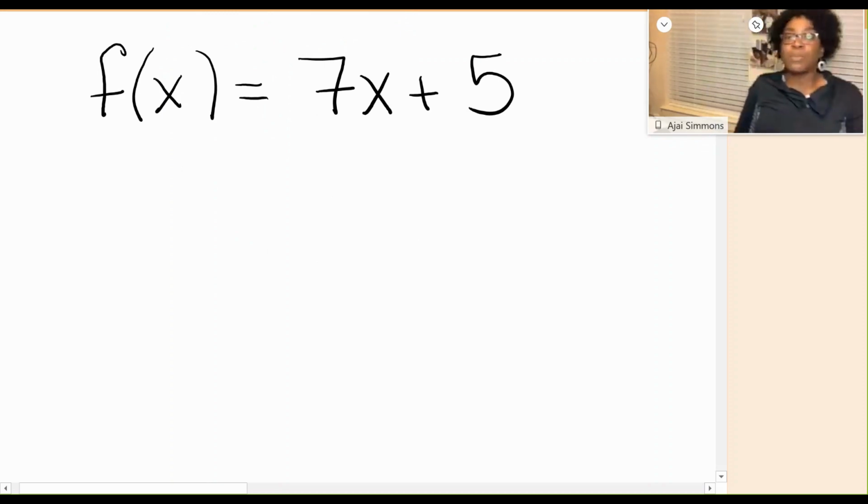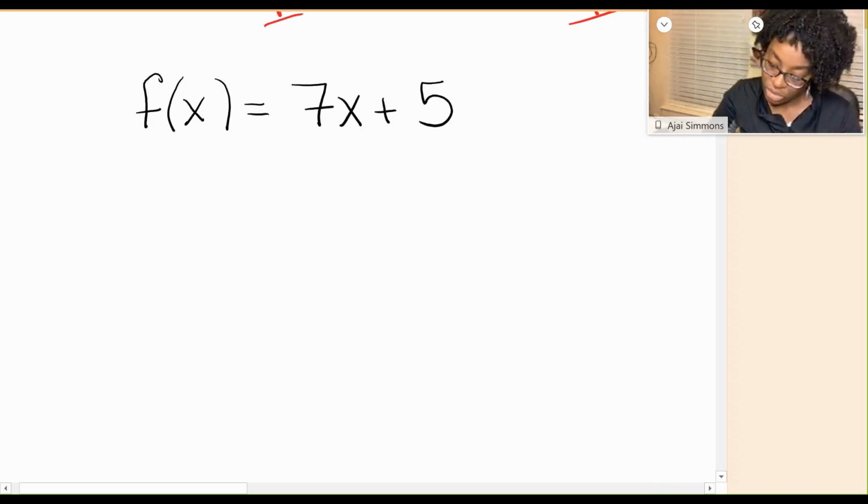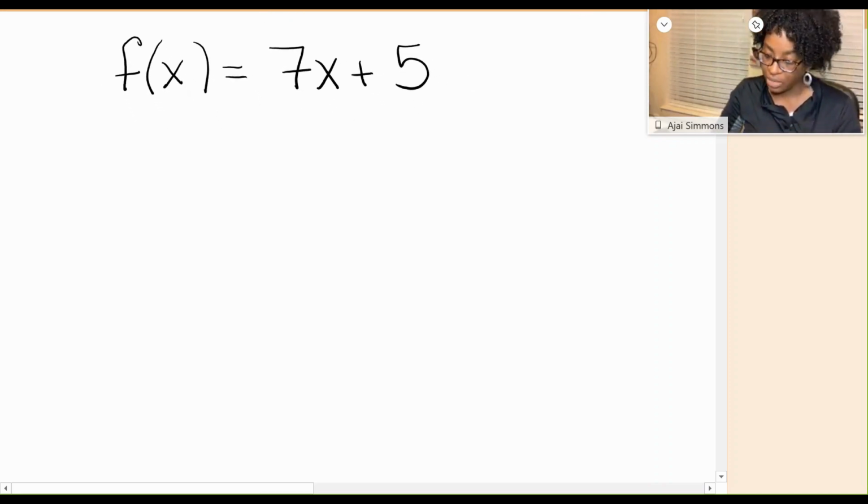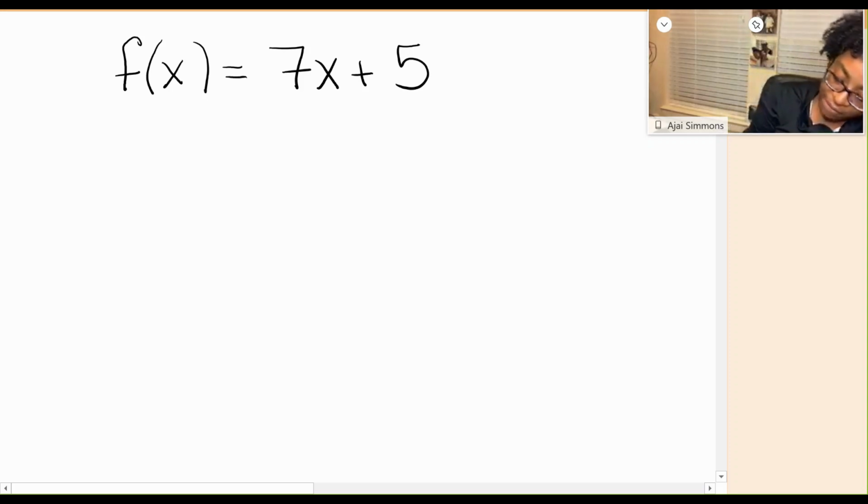Let's say the problem wants you to find the inverse of this function. So let's talk about some steps that we need to do here. It's actually 4 simple steps. The first thing that we want to do is replace f of x with the y, okay?